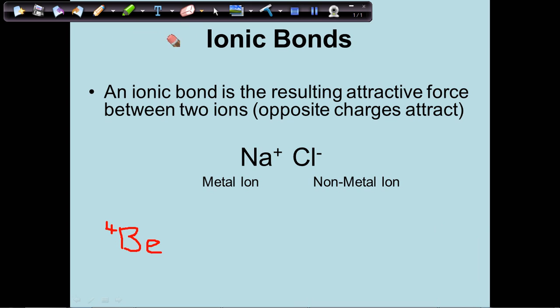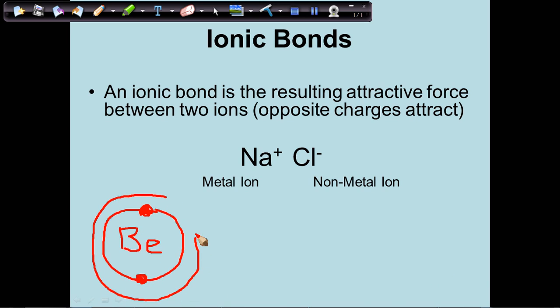If I give beryllium its 4 electrons, it'll have 2 in the first shell and 2 in the second shell. The easiest way for beryllium to gain a full outer shell, remember the first shell is full when it has 2, is actually to lose these 2 outer electrons. It's going to be easier than trying to gain 6 electrons.